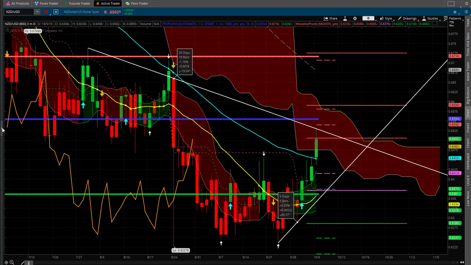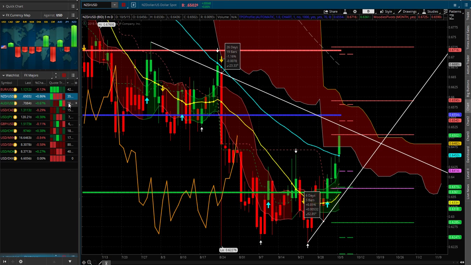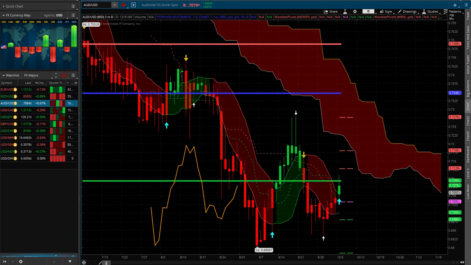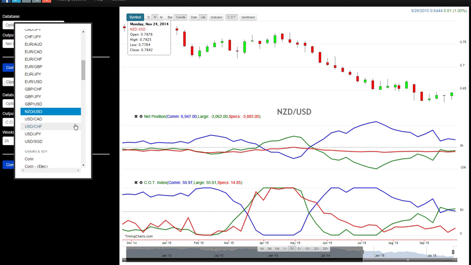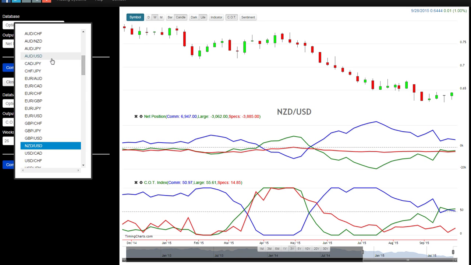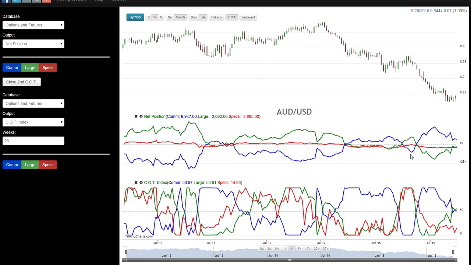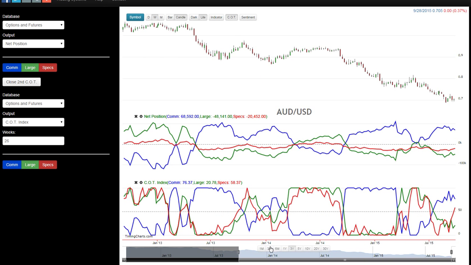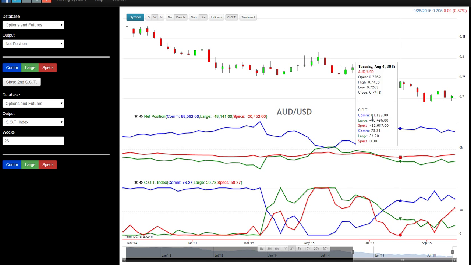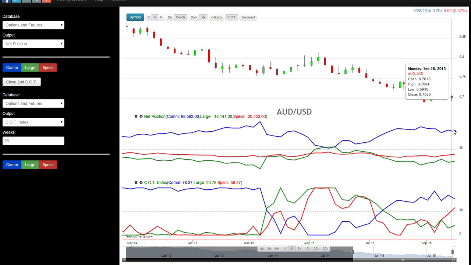Let's see what's going on with the Aussie dollar. Let's see where the money's going. Aussie dollar, it's been selling off for a while. It's pretty spread out.